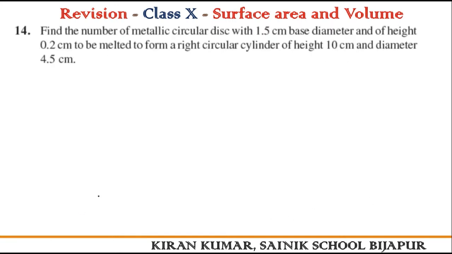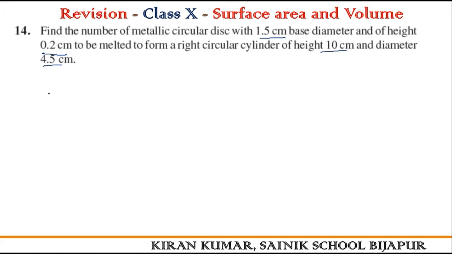Question number 14. Find the number of metallic circular discs with 1.5 centimeter base diameter and height 0.2 centimeter to be melted to form a right circular cylinder of height 10 centimeter and diameter 4.5 centimeter.